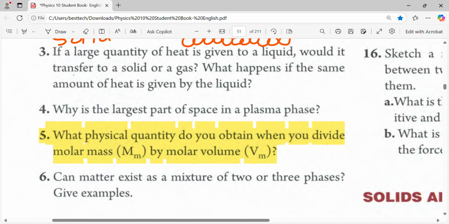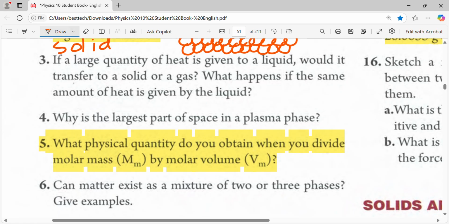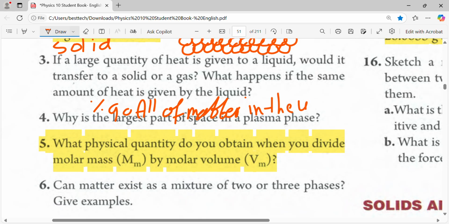It means that 90% of all of the matter in the universe is plasma.